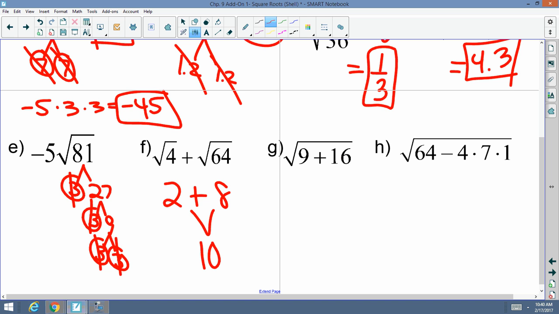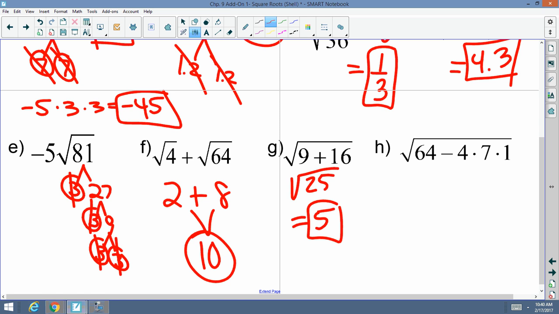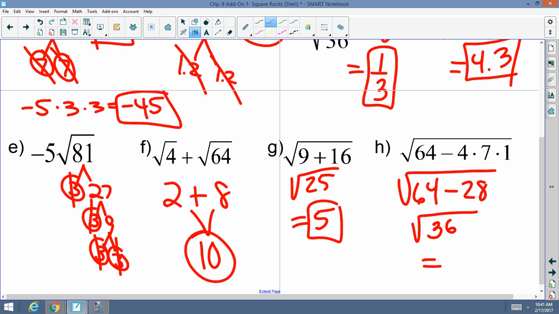Nice and easy. Square root of 9 plus 16, this is like order of operations. This is square root of 25, which equals 5. I got the square root of 64 minus 4 times 7 times 1, so that's 64 minus 28. And that gives me square root of 36, which equals 6.